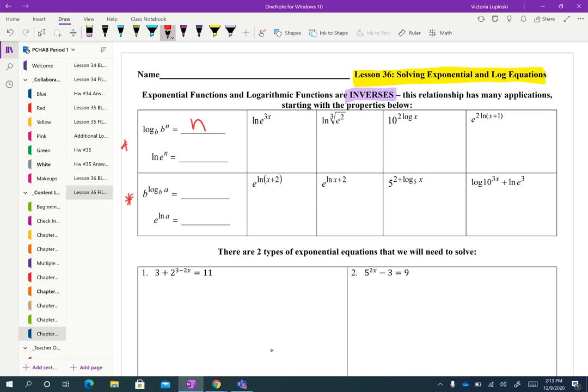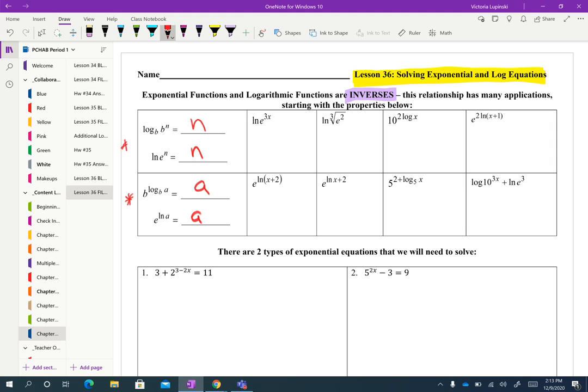That would also be true if you had an ln, which is base e, of e to the n. If you look underneath, if you had base b raised to the log base b of a, again, as long as you have the same base of both the exponential and the log, they essentially cancel out because they're inverses to just leave you with a. And similarly speaking, when it comes to the natural log relationship.